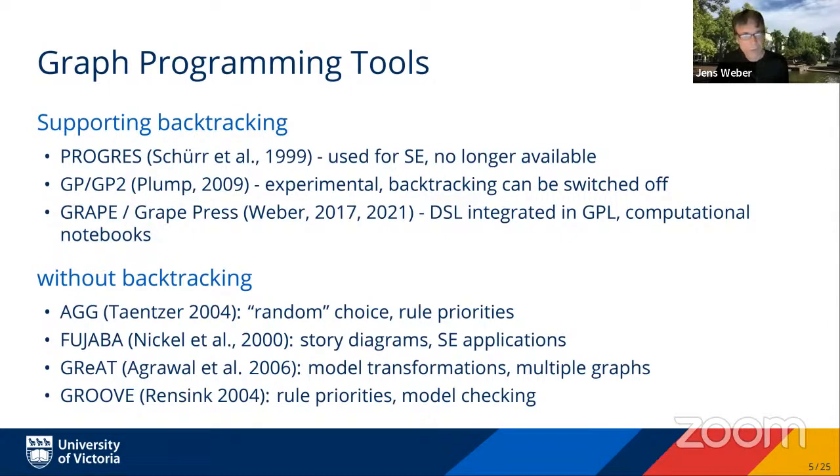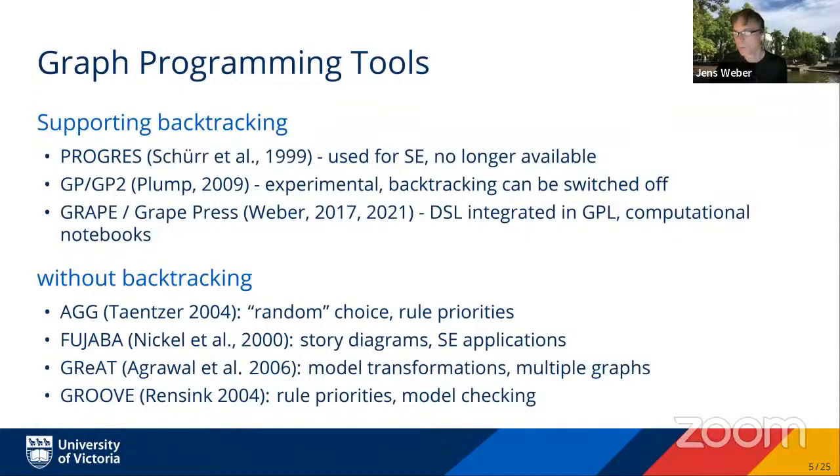And there are these tools that do not support backtracking. They essentially produce a non-deterministic result of an output graph for a particular input graph. AGG makes a random choice between alternative rule applications and matches.